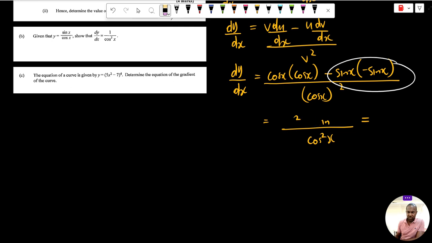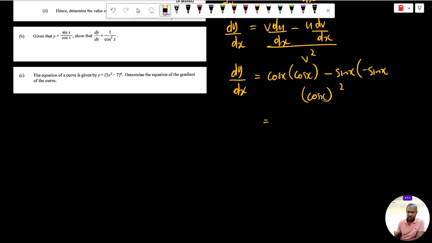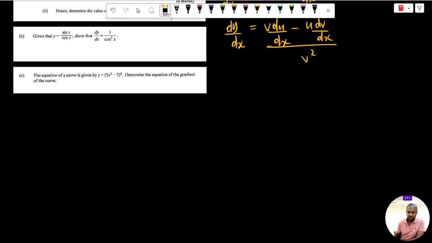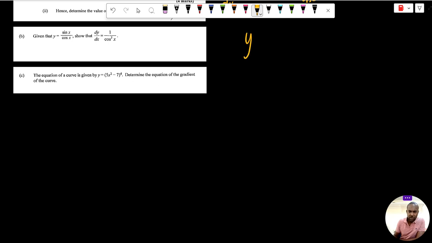So what we have here is looking like a composite function. And so we have y equals bracket 5x squared minus 7 to the power of 4. Because it looks like a composite function, we're going to have to apply the chain rule.